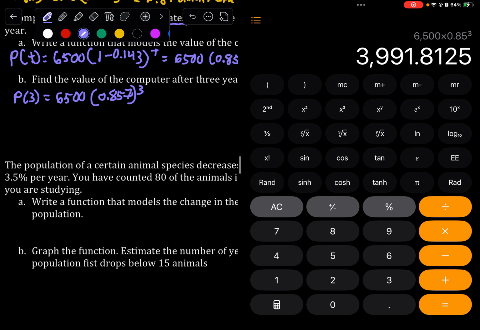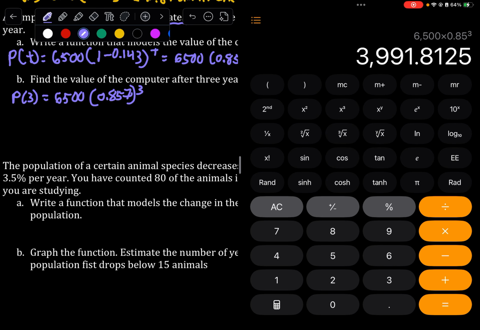So in 3 years, it depreciated, it lost close to $2,500 worth of its value. So this is $3,991.81. That is the value after 3 years.